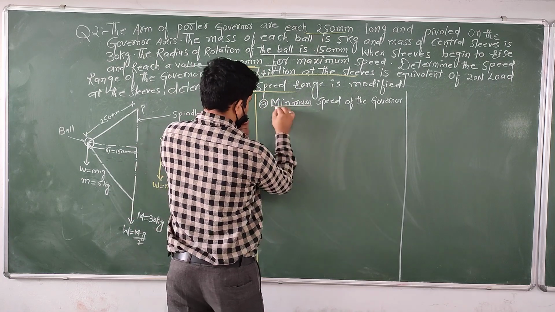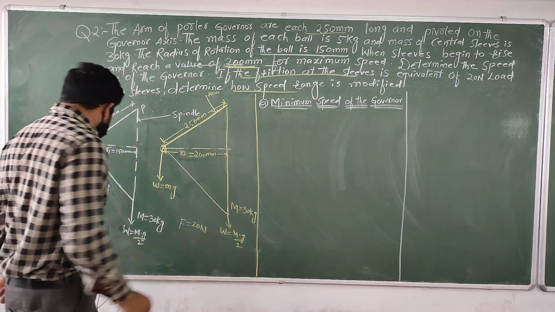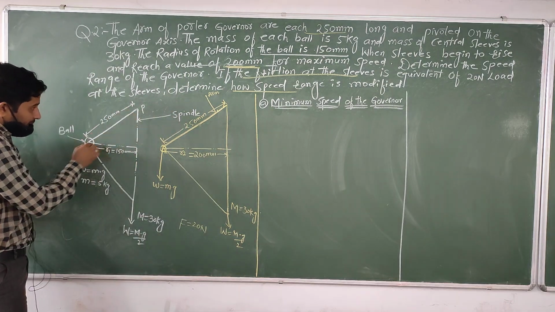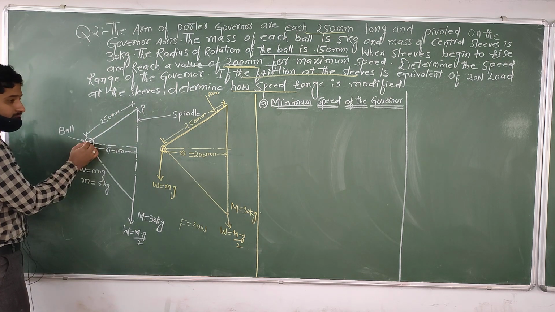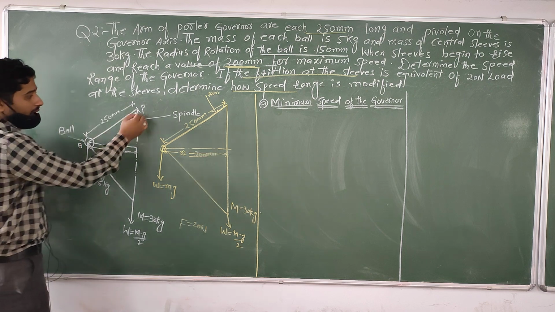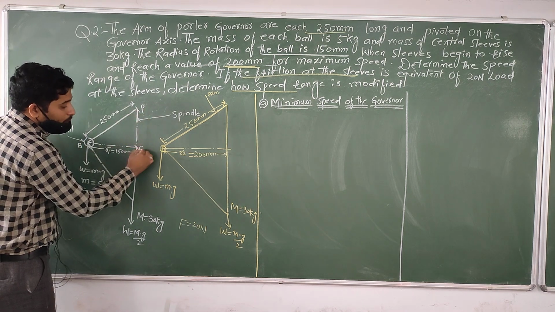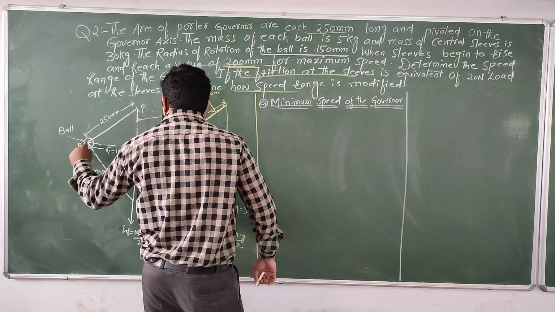Okay. The first thing is you need to consider this triangle. This is the pivot point P, and the mass of the ball is represented by B, and this point is represented by G. Is it right? I am considering this top triangle.